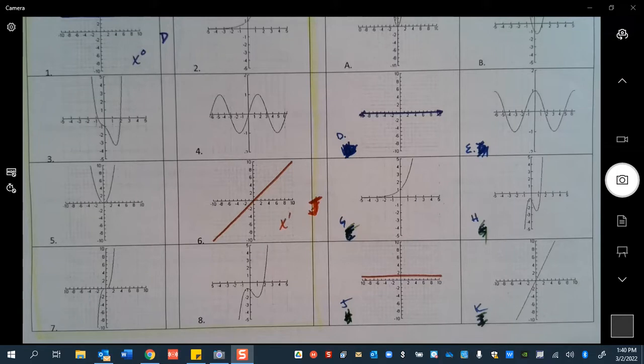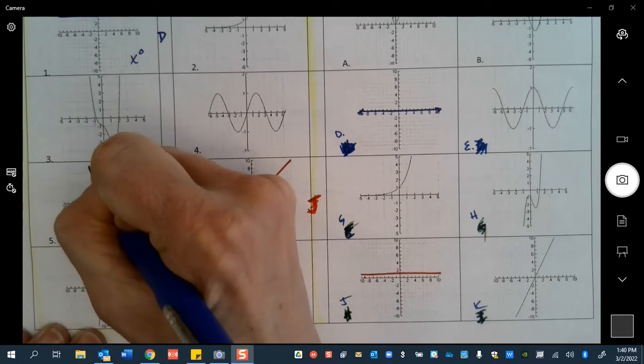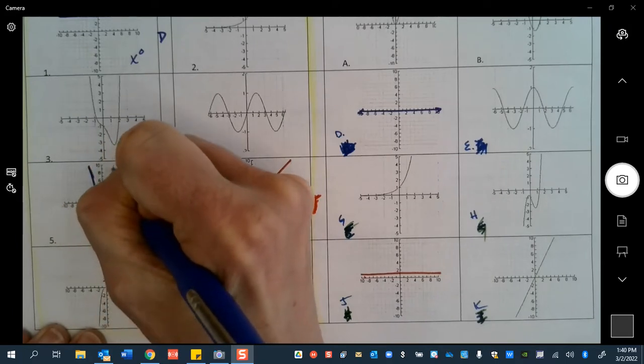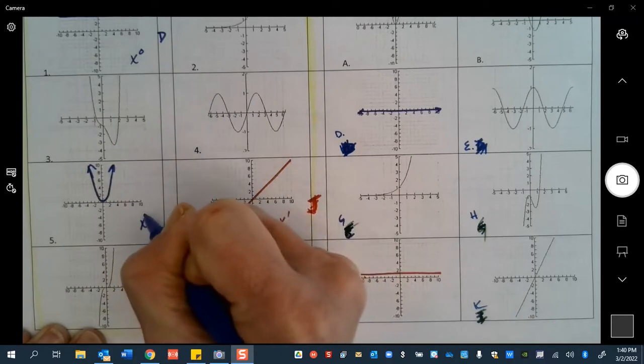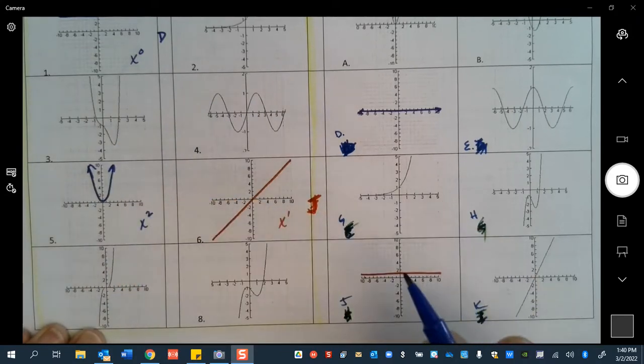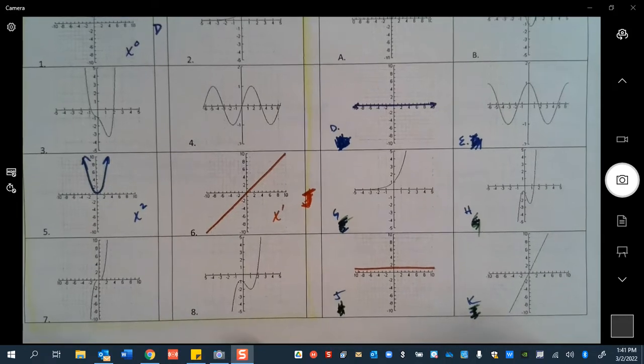All right, continuing up our levels of polynomials. What do we call this? What kind of graph is a parabola for? A quadratic. So when we talk about the quadratic, our derivative of a quadratic is going to be linear.